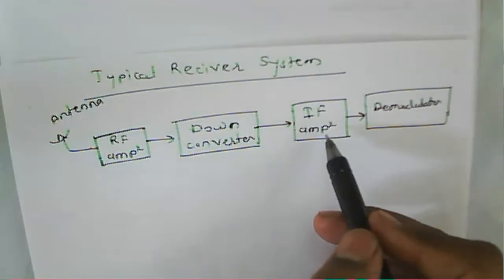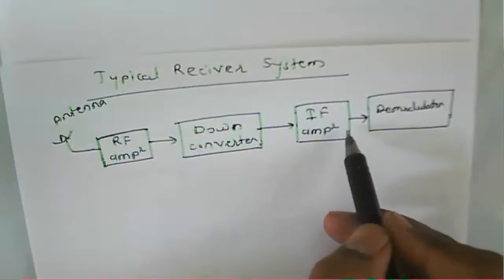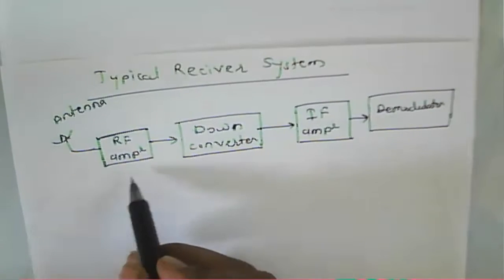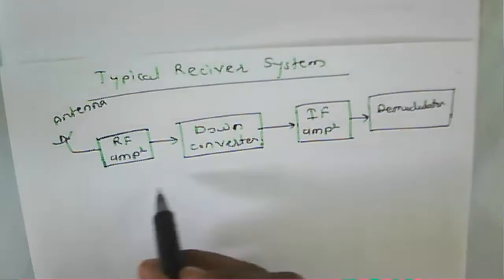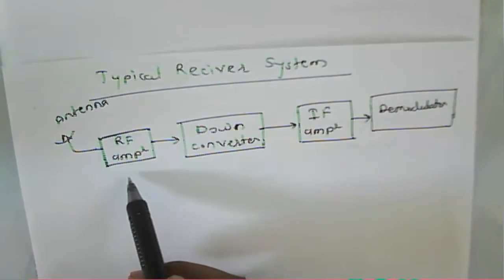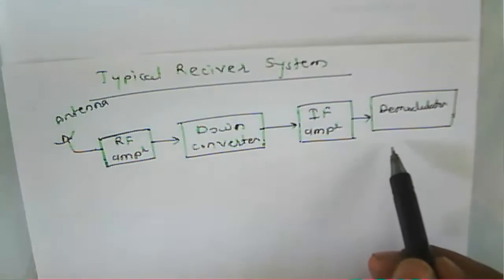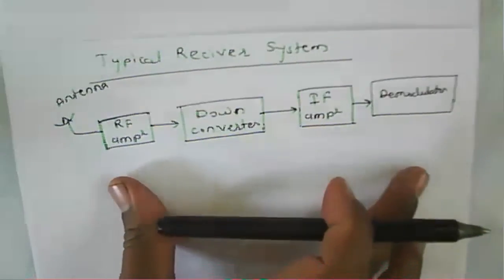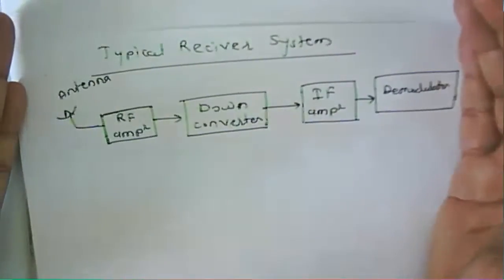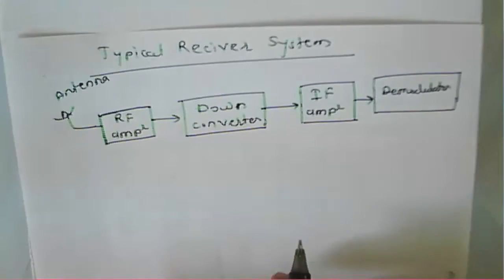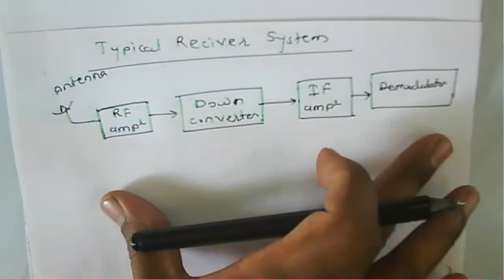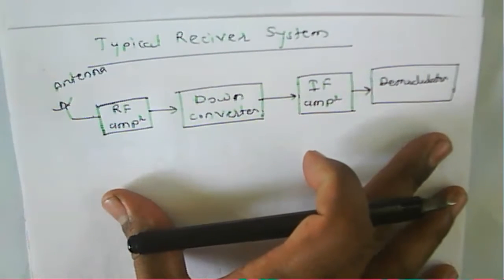Then it reaches the IF amplifier, where the same noise is amplified again, and then it goes to the demodulator. So the noise is further processed in the receiver components. That's why, compared to a single component, if you see the complete system, the noise will be much larger.